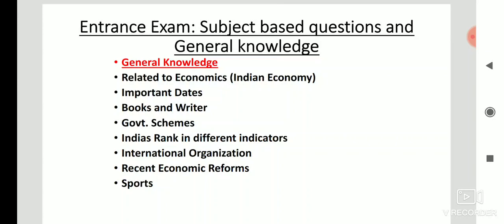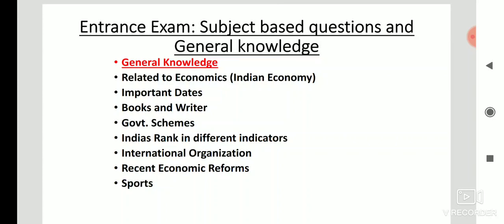It may be in the form of growth rate of different sectors or contribution of different sectors to employment, like contribution of agriculture sector, industrial sector, service sector to employment, or contribution of different sectors to GDP, or it may be growth rate or contribution, or a question may come from 5-year plans. So these are some of the possibilities.